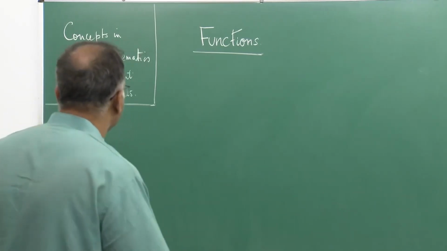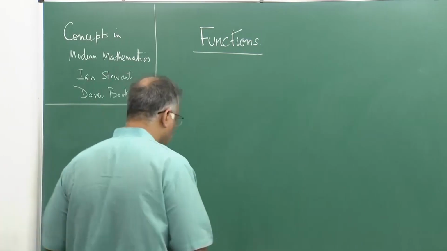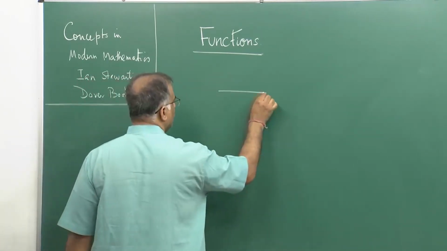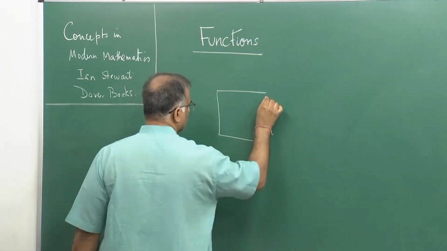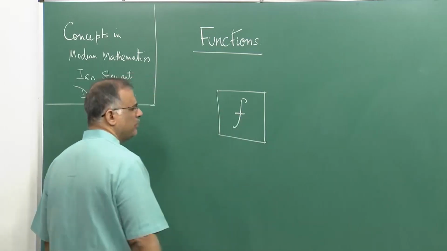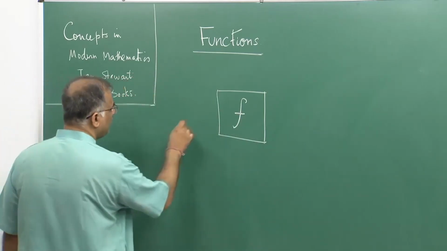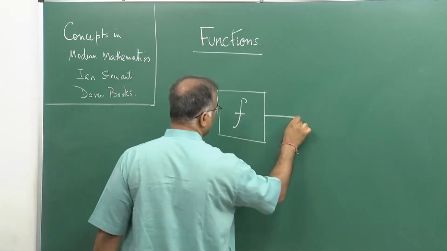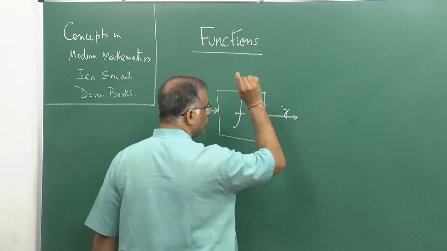See, a function has always been visualized as a kind of machine. So, here is a machine which we call f, and here we give an input x, and here comes a unique output y.